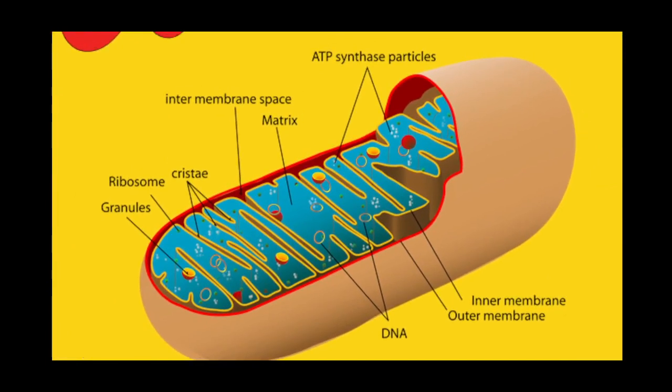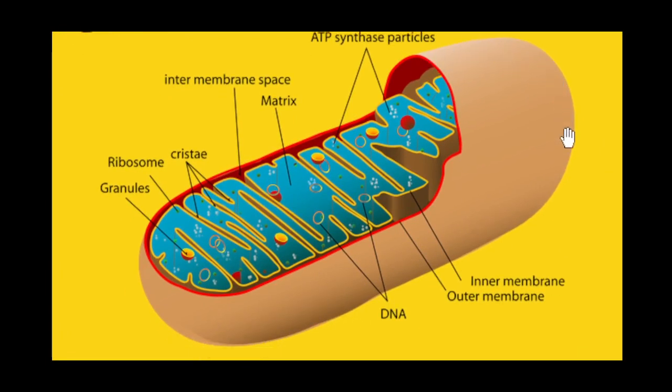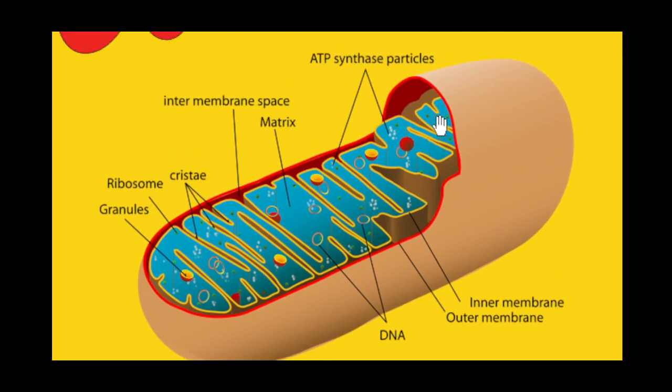So it has different parts, and as you can see, it is a membrane-bound organelle. It's enclosed in this. So we have different parts inside. By the way, the outer membrane is the one that covers our mitochondria, separates it from other organelles.